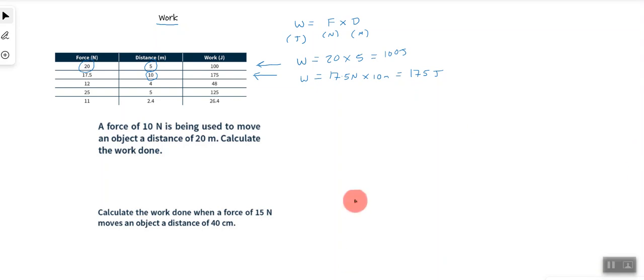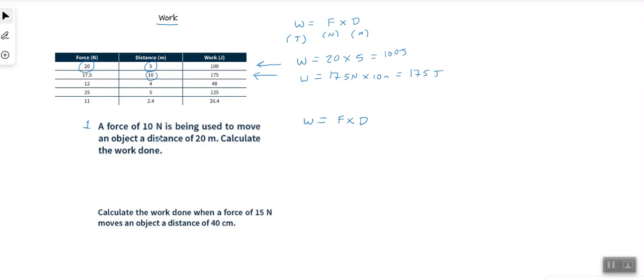Okay, so let's have a look at this first question. Question 1. Always when you're doing these questions, first of all, write down your formula. And then what you want to do is identify what you have. In order to use this formula, we need the force and we need the distance.